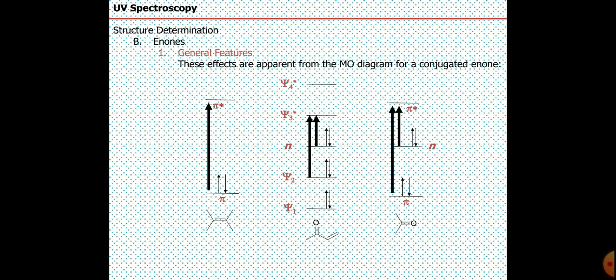In a simple ketone, again the energy gap for the pi to pi star transition is of higher energy and shorter wavelength than the n to pi star transition. The difference between the conjugated ketone and simple ketone is that the energy gap between HOMO and LUMO in a simple ketone is higher than in the conjugated ketone. Therefore, the conjugated ketone is somewhat more stable than the simple ketone.